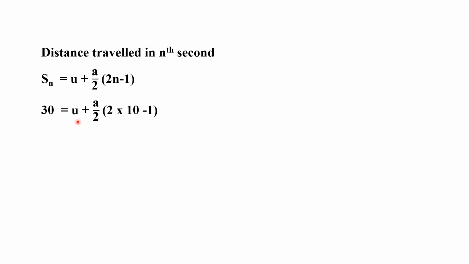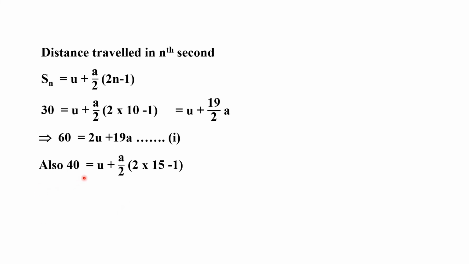So 30 is equal to u plus a by 2 into, in the place of n we put 10, so 20 minus 1, 19. So u plus 19 by 2 into a. Now after taking LCM, 60 is equal to u plus 19a. Consider this as equation number 1.